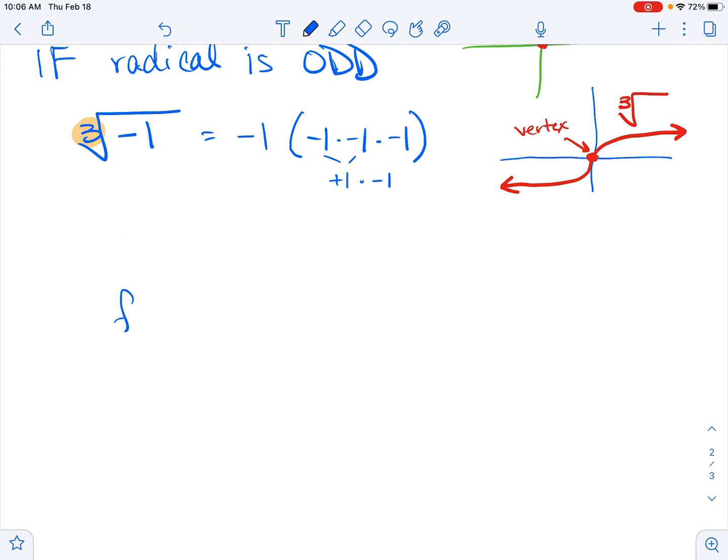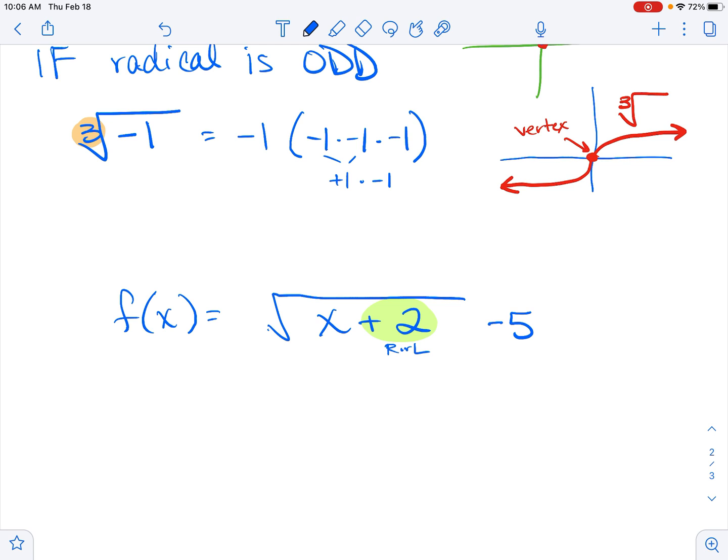So if the function of x is the square root of x plus 2 minus 5, because the 2 is underneath the radical, and it's right next to the x, and the x-axis goes right or left, we know this is going to go right or left.